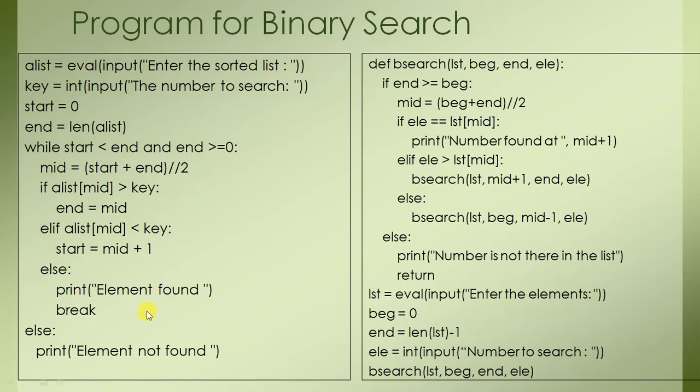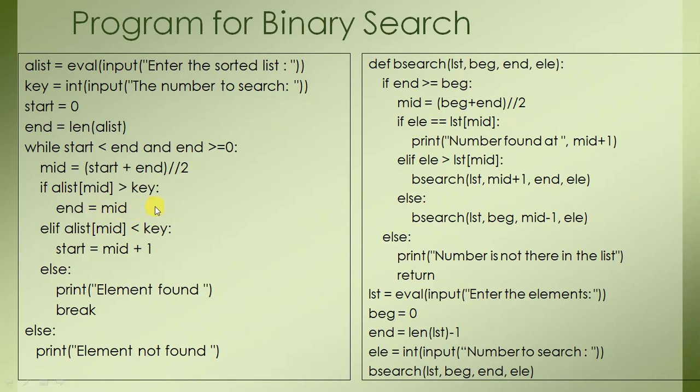If the middle element is less than the key, that means the element you are searching is on the right side of the middle element. So you will be taking the right part, that is the second part of the array. In the first case you will be taking the first part of the array. So the start and end will try to come closer to each other.